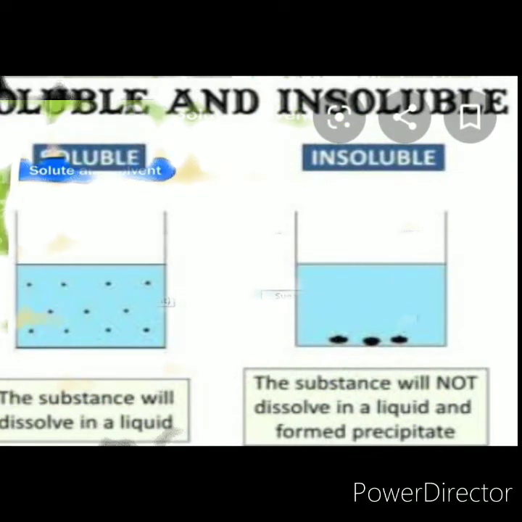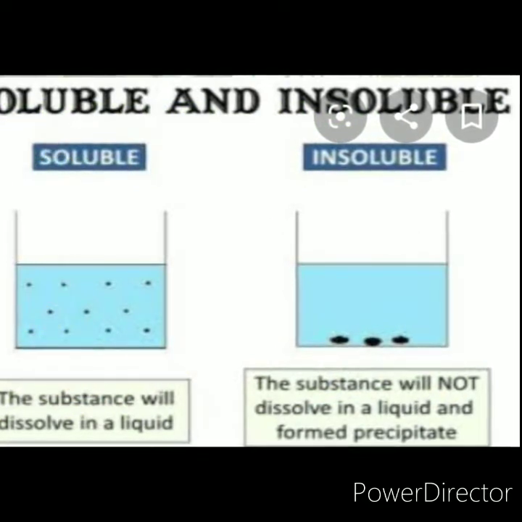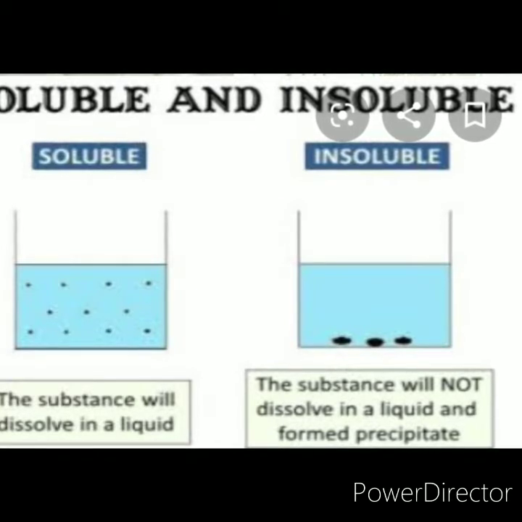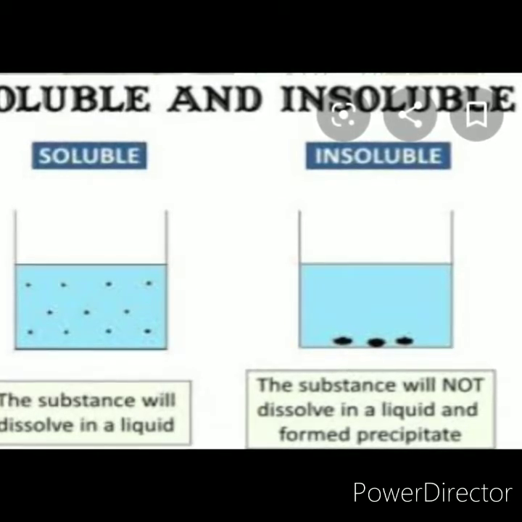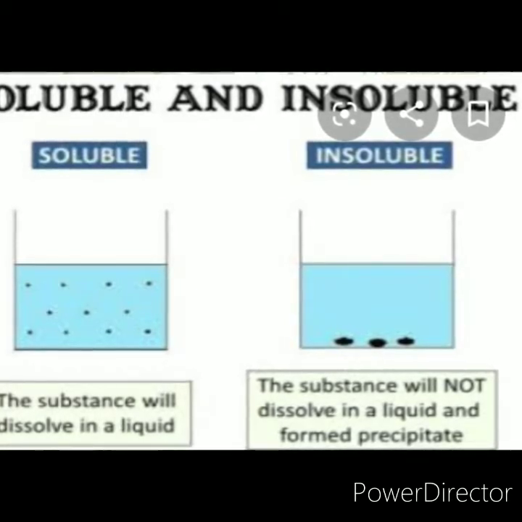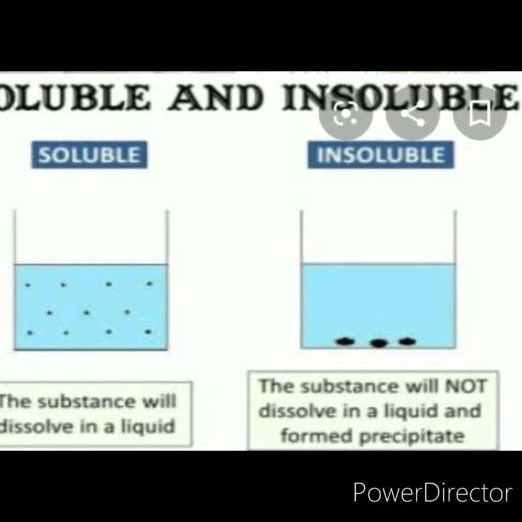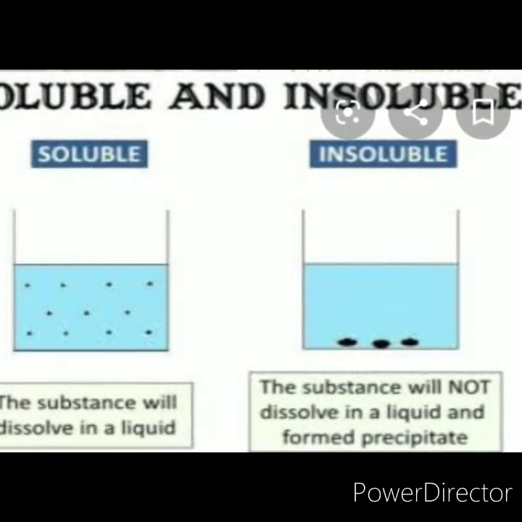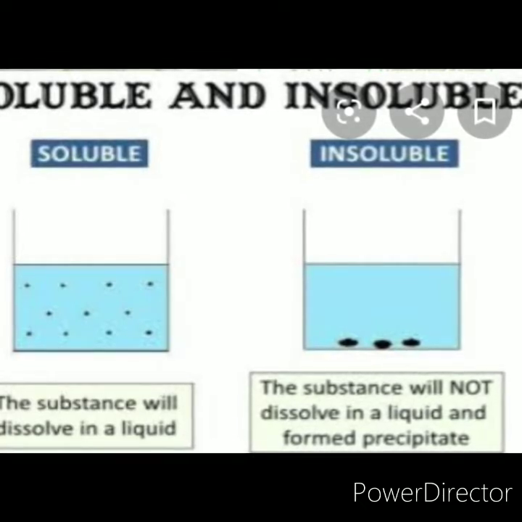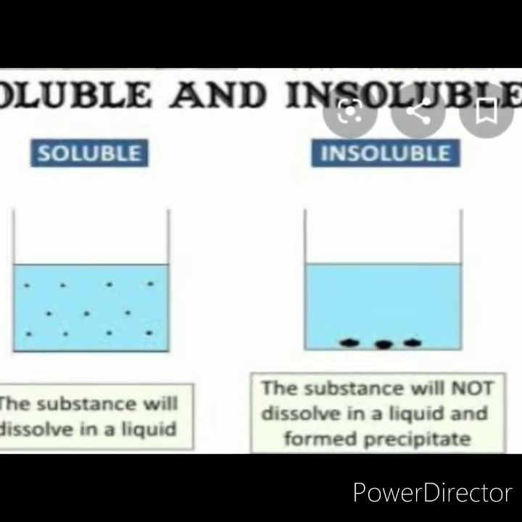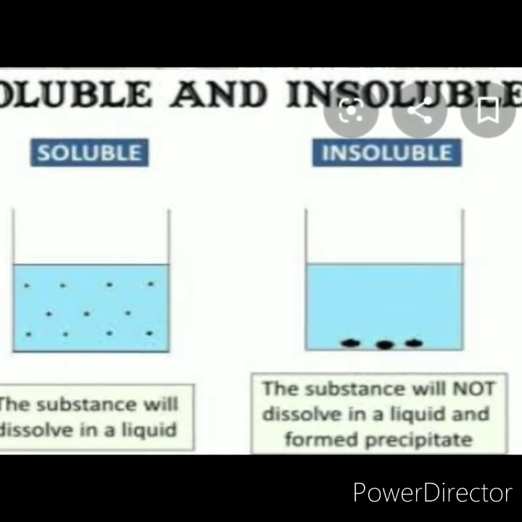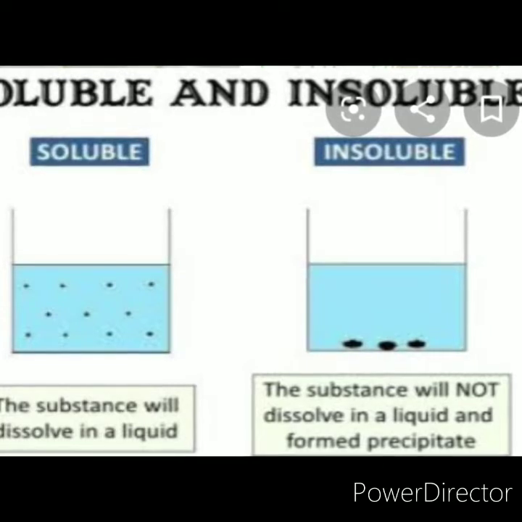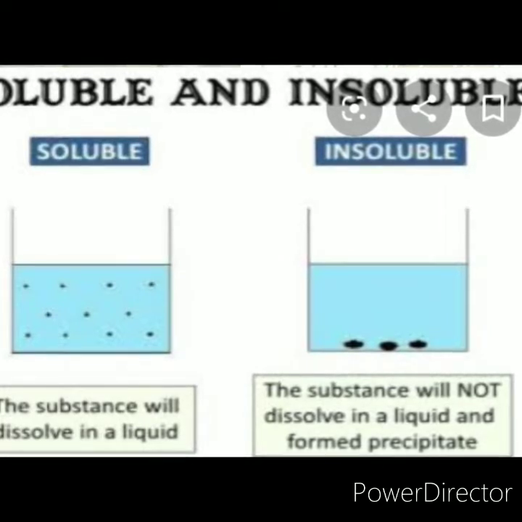Now, the examples of soluble things are salt and sugar. Salt and sugar are soluble in water, whereas sand or chalk powder are insoluble in water or in any solvent. And water is also known as the universal solvent. Universal solvent means maximum things present on the earth can be easily dissolved in water.